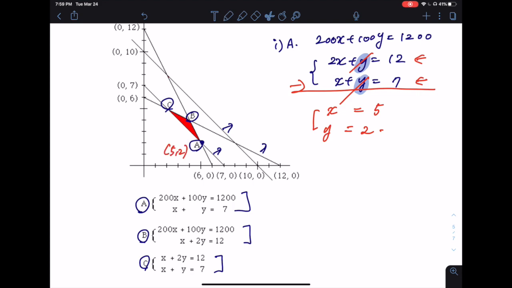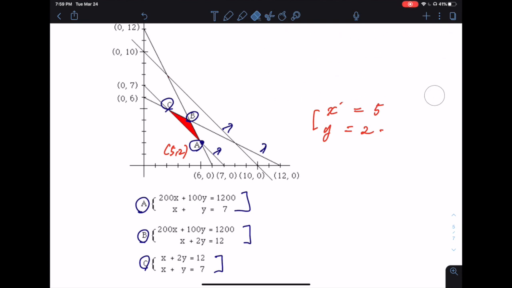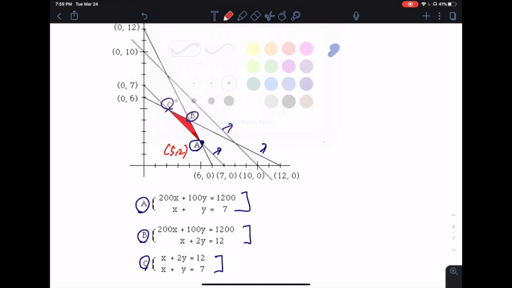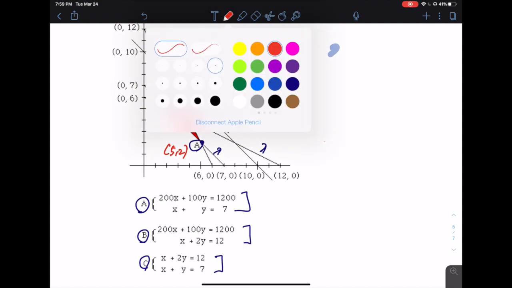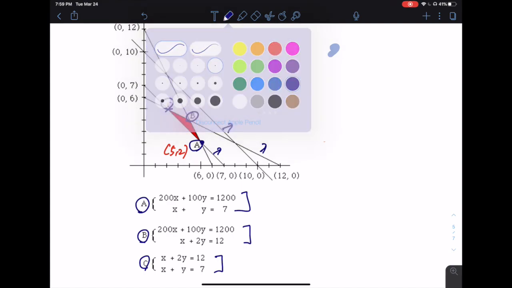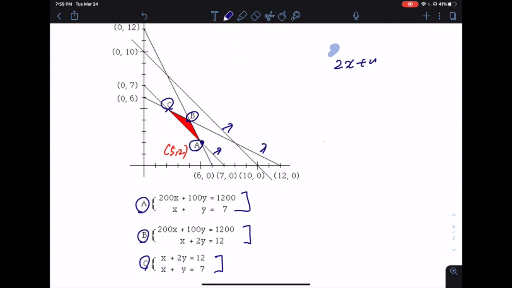Now let's consider B. For B, we have two different equations. The first one is the same, so let me write down the simplified version: 2x plus y equals 12. I just divided each side by 100. And the other equation is x plus 2y equals 12.